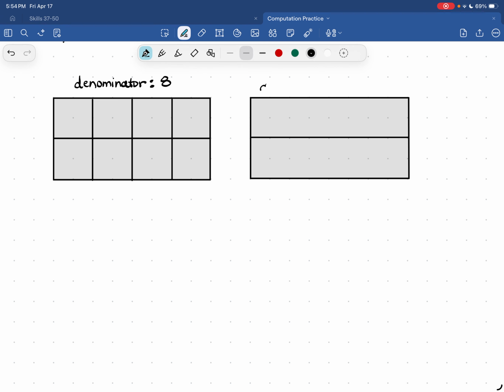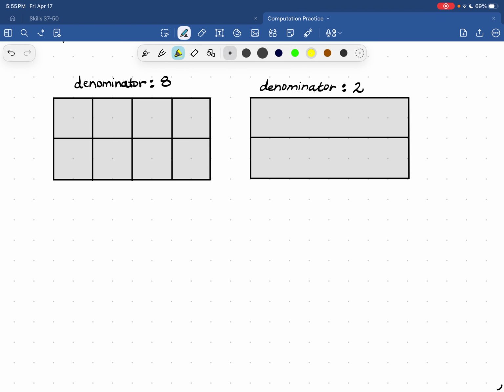So the denominator for this one would not be an 8, it would be a 2. So we have 2 cakes that are the same size. The first cake will serve 8 people. The second cake will only serve 2.